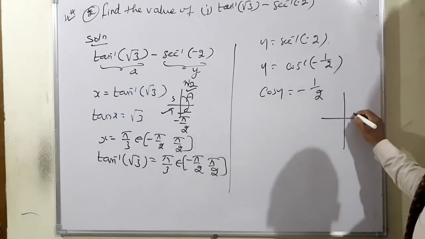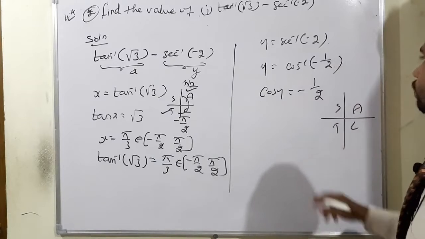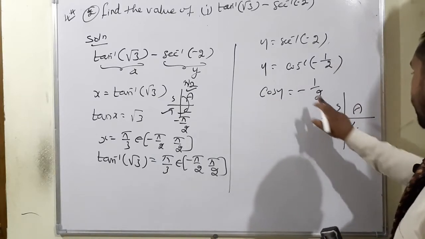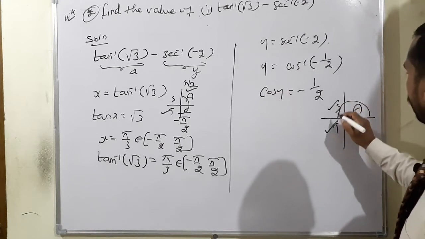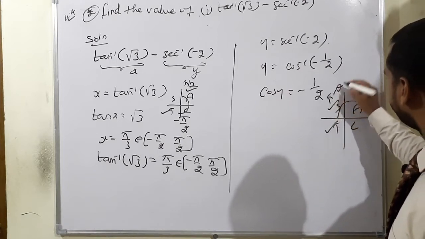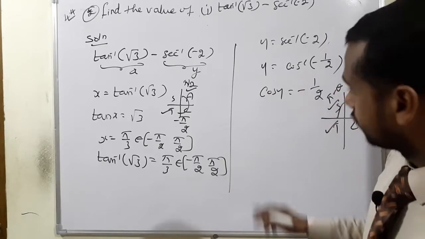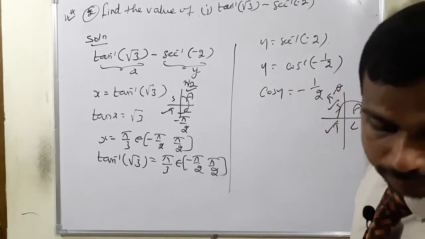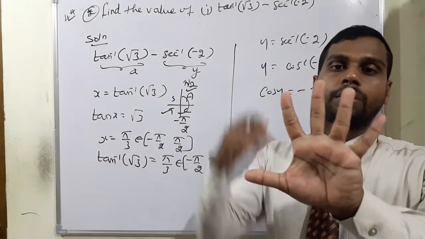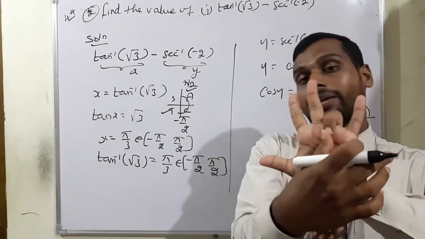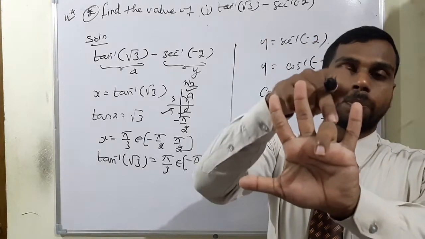So, unit circle, all silver teacup. It's a cos. What is the value? The negative means definitely second and third quadrants. According to the cyclic way, second quadrant negative is called pi minus theta. But what is the value of 1 by 2 in cos? For cos we check the little finger side. So 1 by 2 means we fold the ring finger: pi by 6, pi by 4, pi by 3.